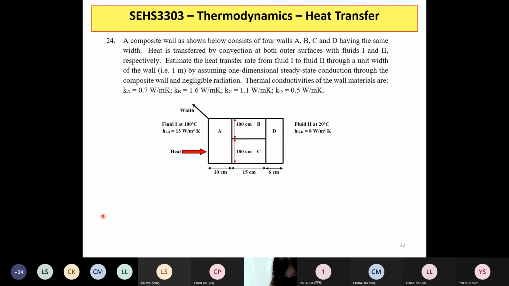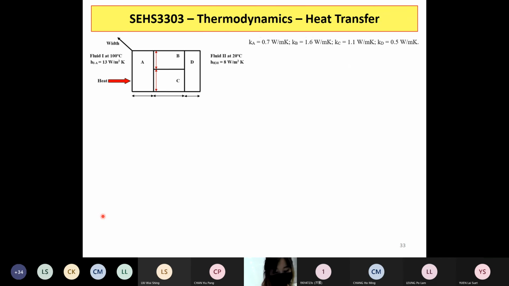First, draw the simple diagram again, right? Sketch out the heat transfer circuit. That is what we should do first.